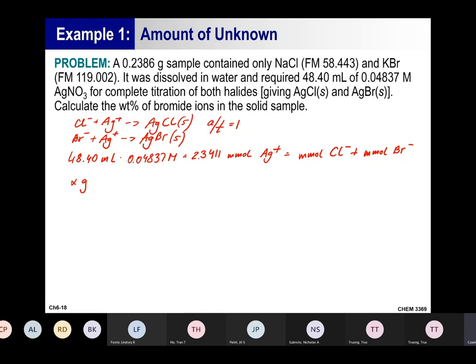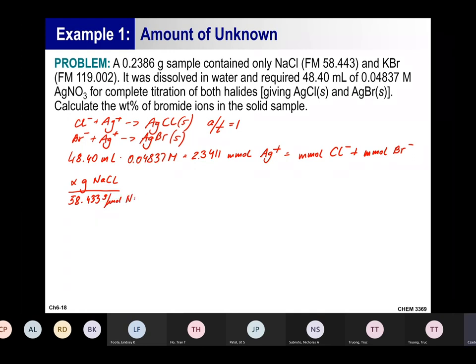So that is clear. The moles of NaCl will be the grams of NaCl in my sample divided by the formula weight, right? Since I don't know how much NaCl is in my sample, I'll call it X. So this is X grams of NaCl divided by the formula weight for NaCl, 58.433 grams per mole.